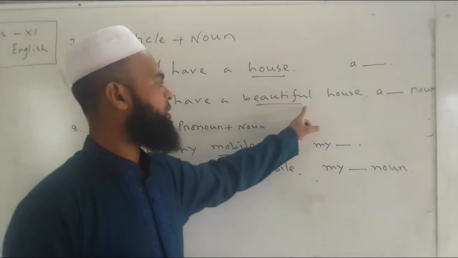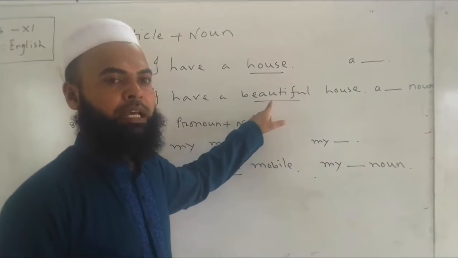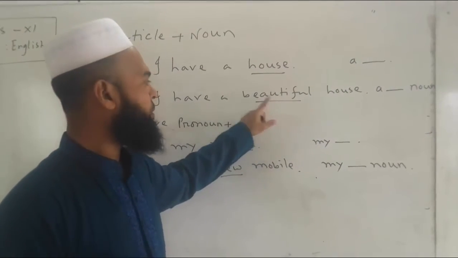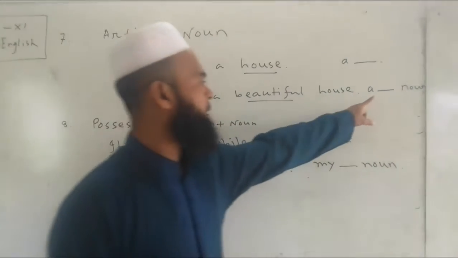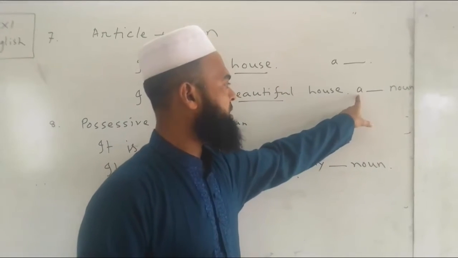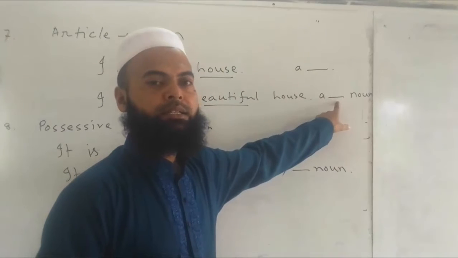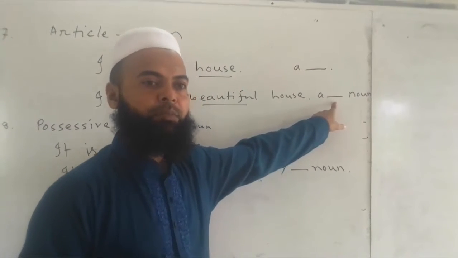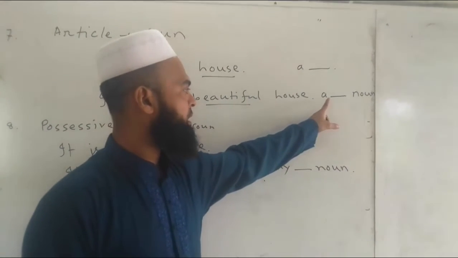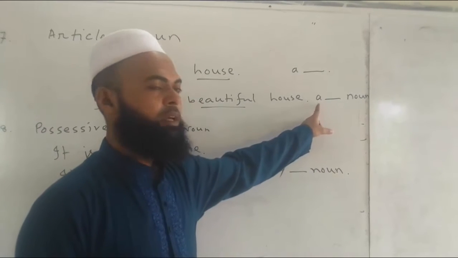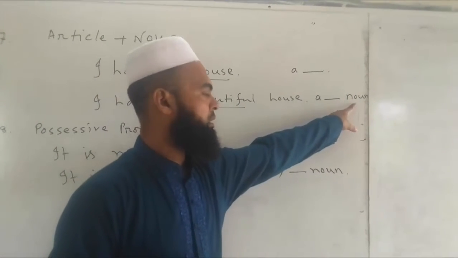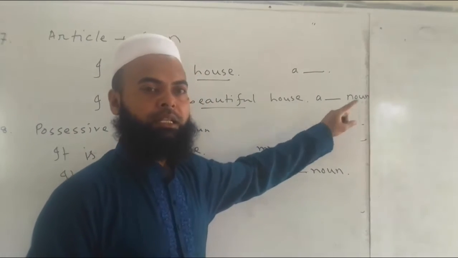This word qualifies a noun, so it is an adjective. So when we find a gap between an article and a noun, then we will write an adjective in the gap. I repeat, when you find a gap between an article and a noun, then you will write an adjective.